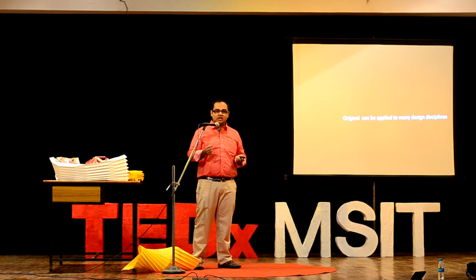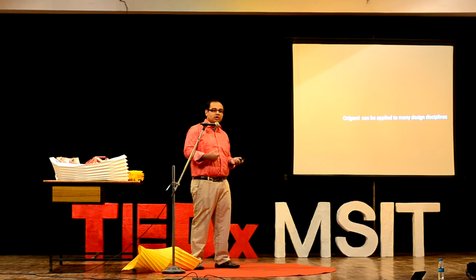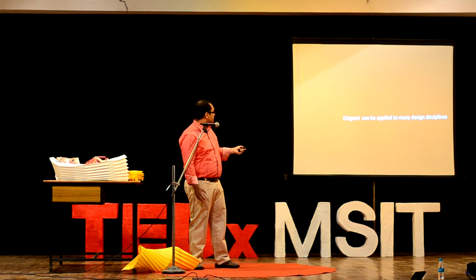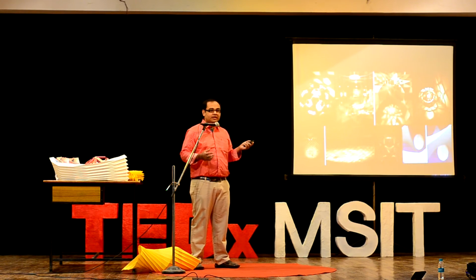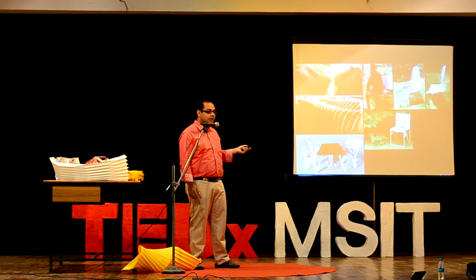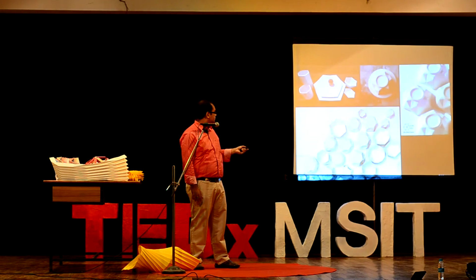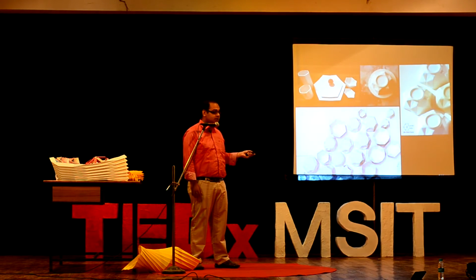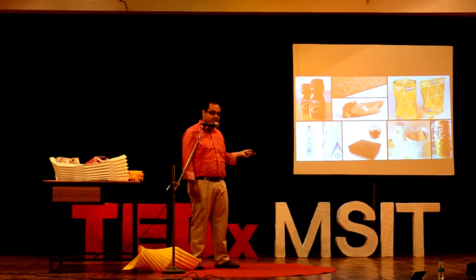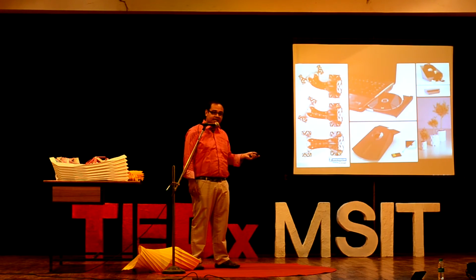And now I come to the crux of my talk, which is that what do you get out of origami? You can create lighting, you can create furniture, ceramics, tableware, packaging, product design.